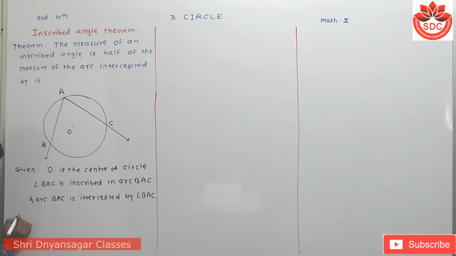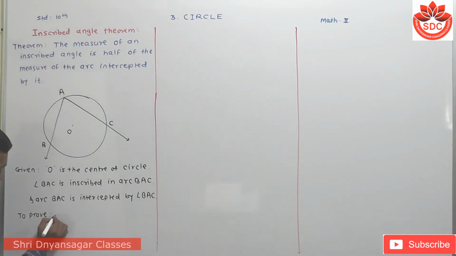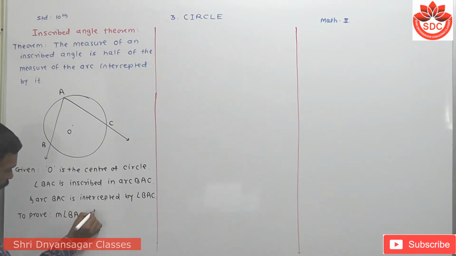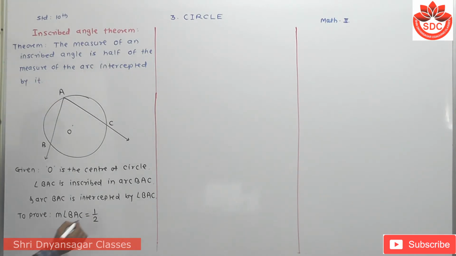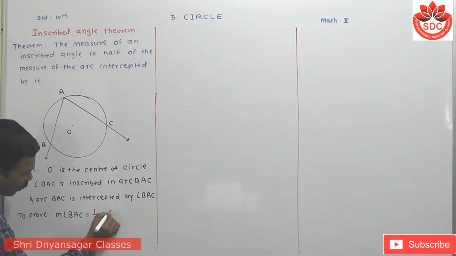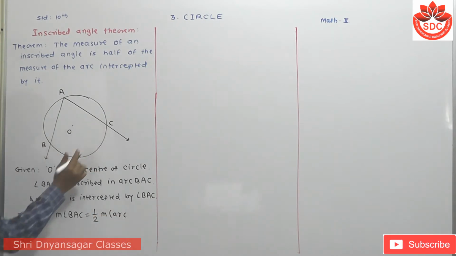Then to prove: the measure of an inscribed angle, meaning this angle is inscribed here. So the measure of angle BAC is equal to half of the measure of the arc intersected by it. Means the measure of half of this arc that is intersected.